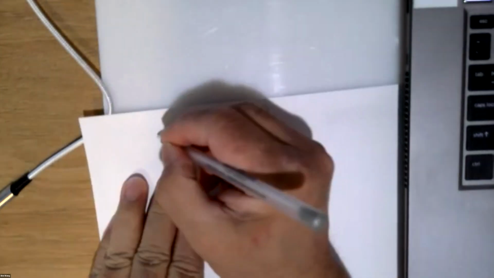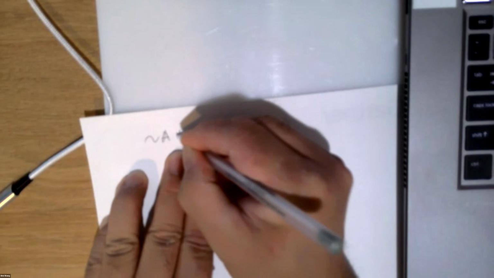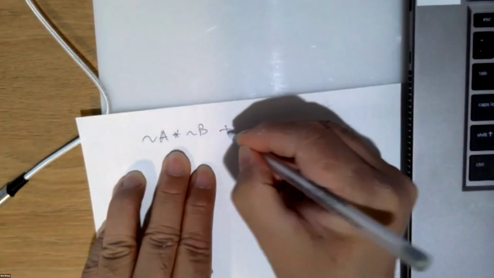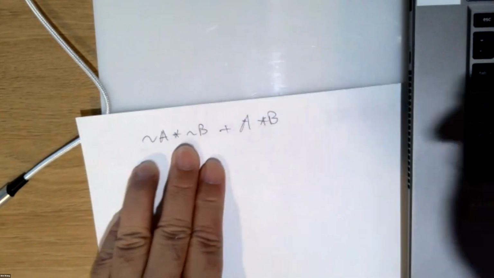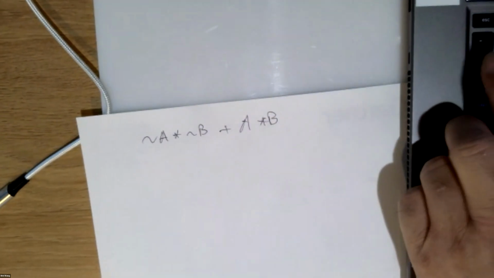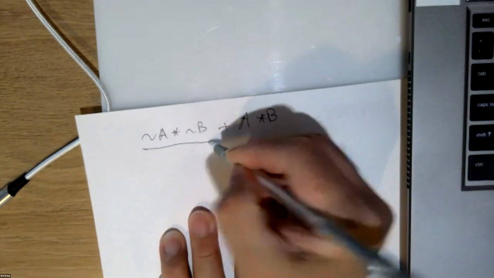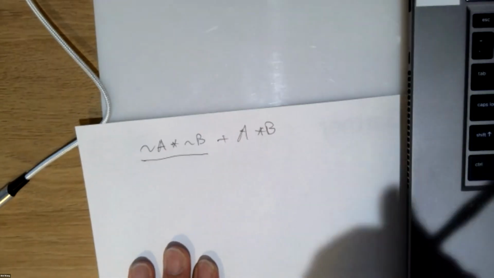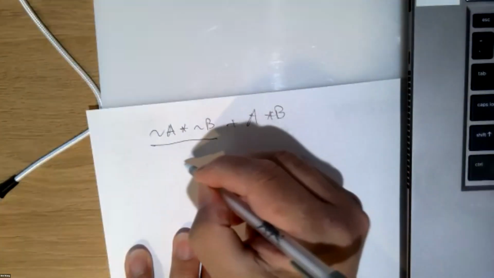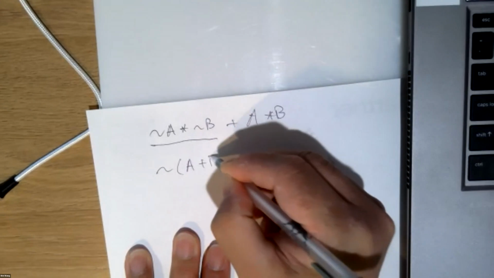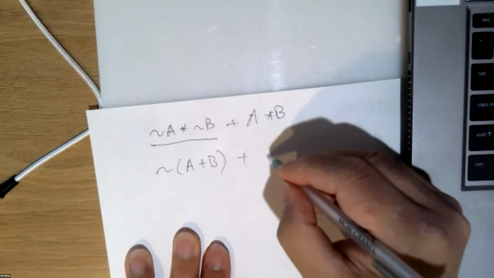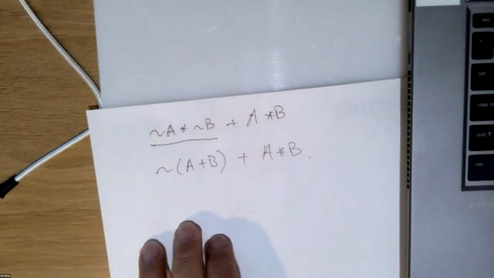That expression is not A and not B plus A and B. And so if we look at this part and use De Morgan's law, this part becomes not (A or B), or A and B. Is that right?